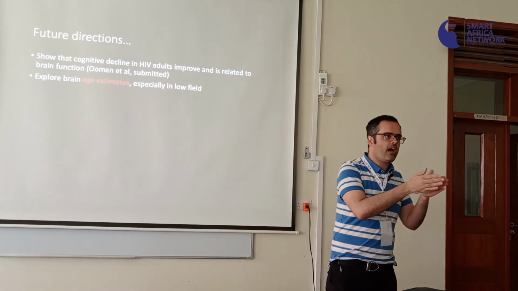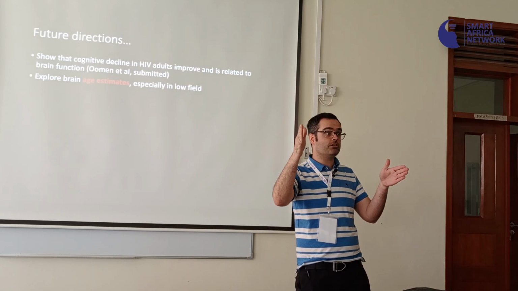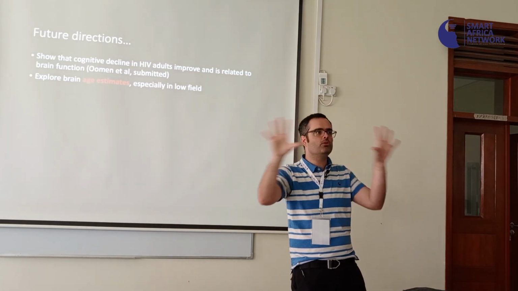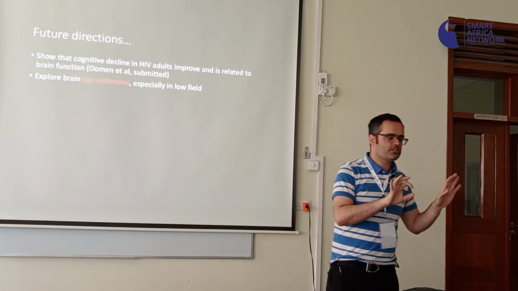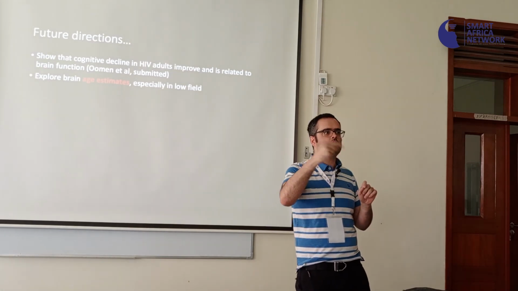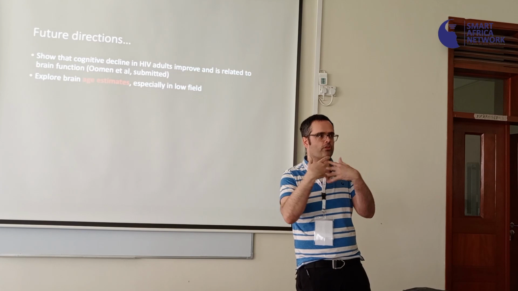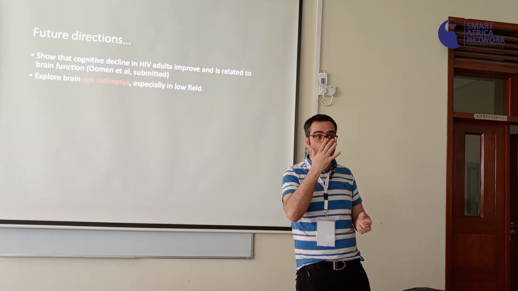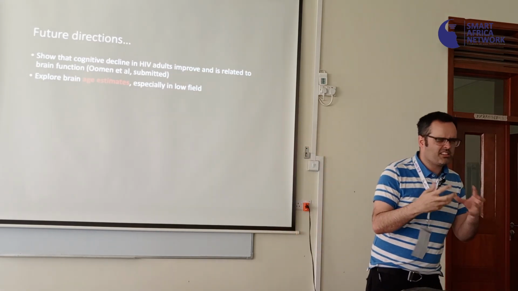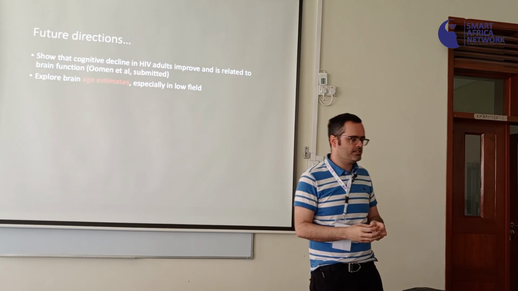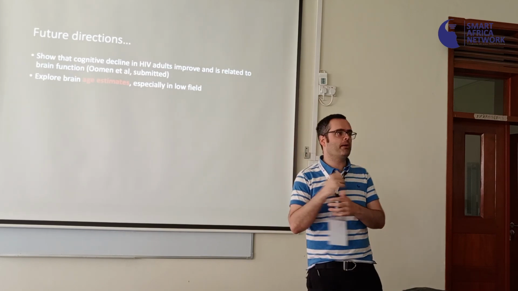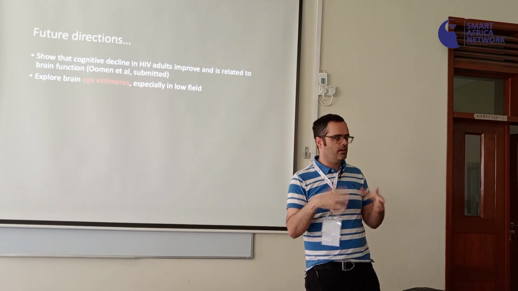We showed that they have some improvement in their cognition, that they're doing better on IQ-like tests, and that this is associated with having stronger function in their cortex as well. Actually, I think it's in the blue subcortical regions. But we're still submitting this paper, so that's still going on.